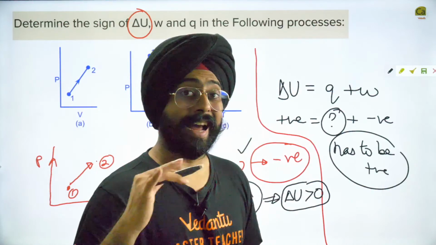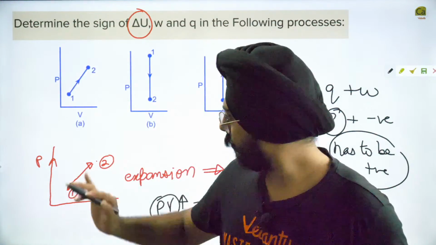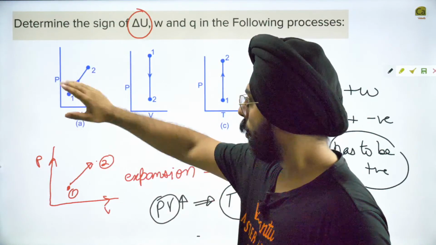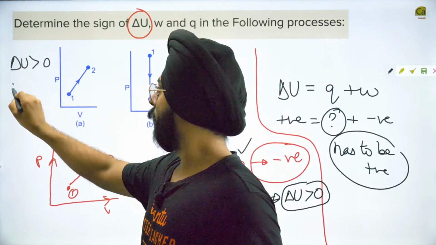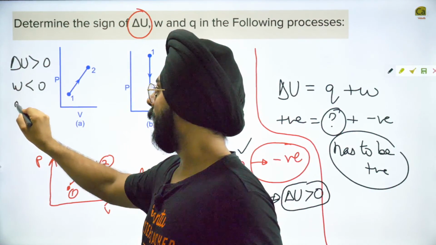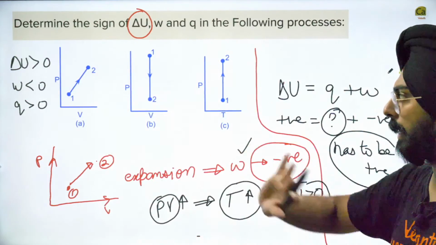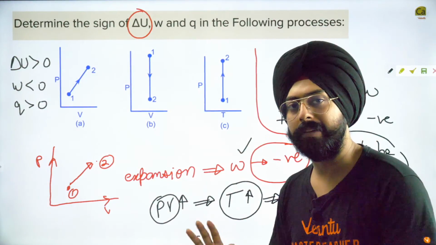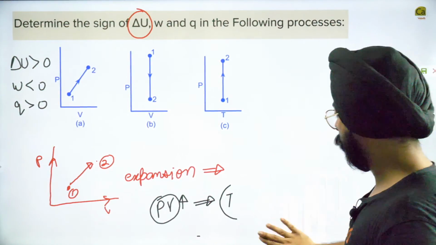This guy has to be positive, otherwise delta U will not be positive. So finally, for the first process, we can say delta U is greater than 0, work is less than 0, and Q is greater than 0. Simple ideas. Step by step, we deciphered everything that's going on. So in the second part of the question, let's gather a little bit more speed.